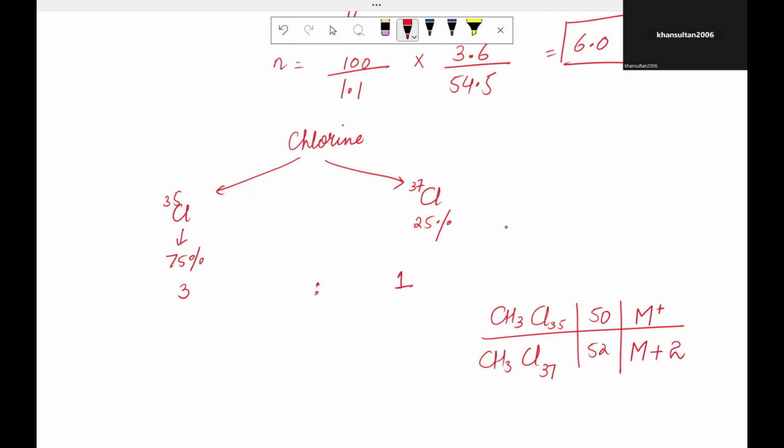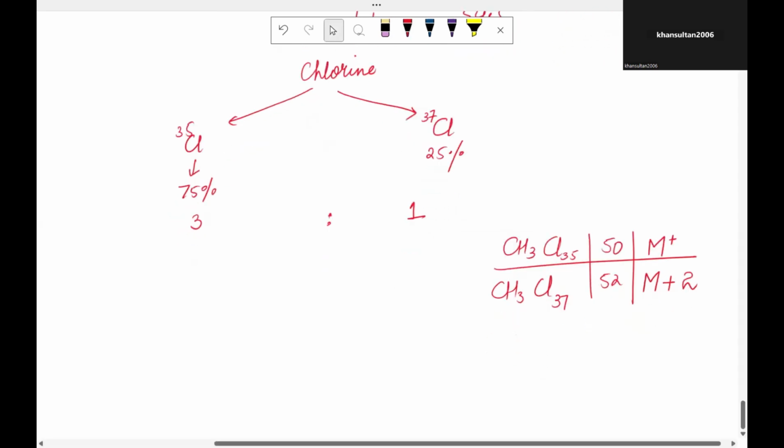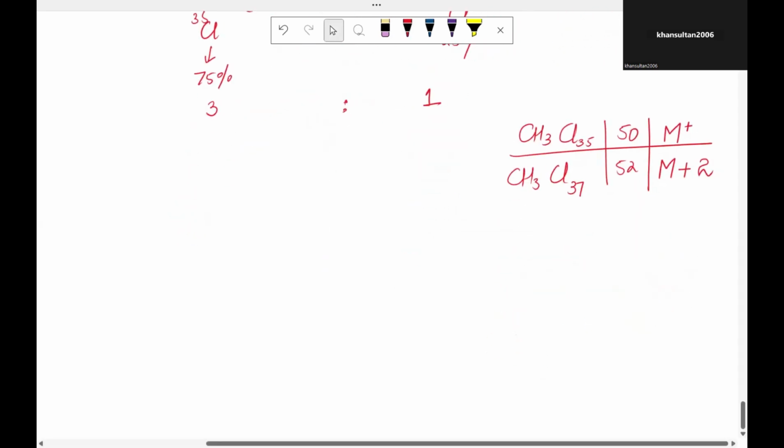Now, if we are going to see about bromine, remember the graph would have a difference of 3:1 in its peaks for chlorine. So let's see bromine. Bromine is another halogen. Remember one thing, halogens are going to show you a difference of 2.